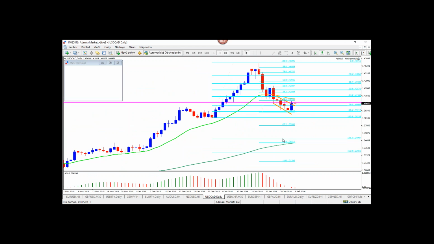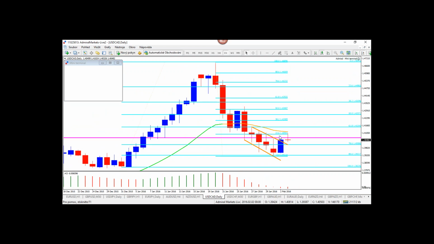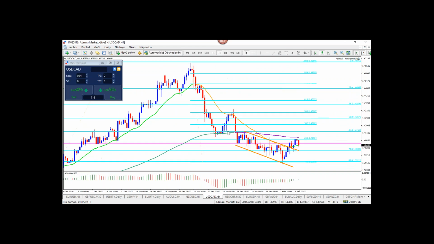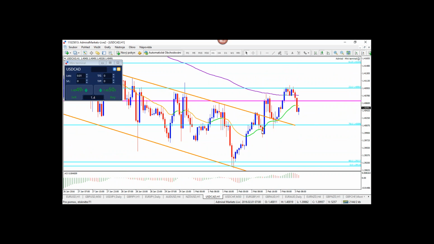But there is a good bullish candle here. So I would not lose hope on this one. And a clear break of this channel to the downside.